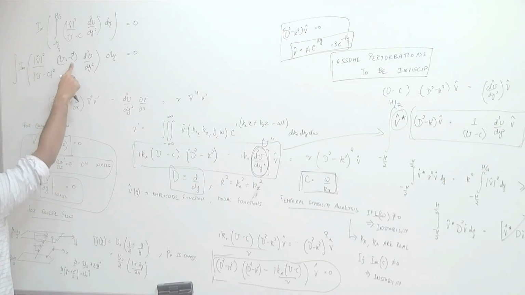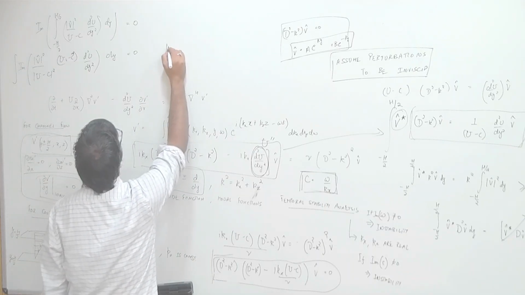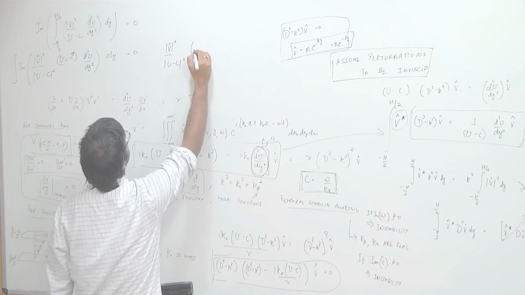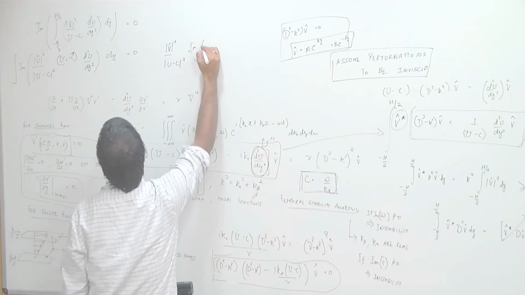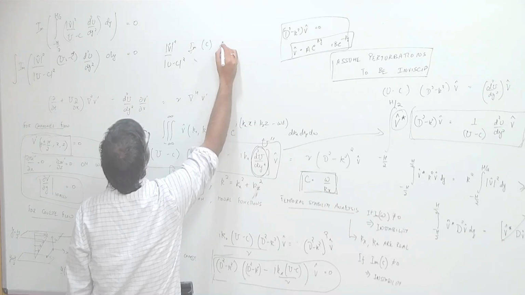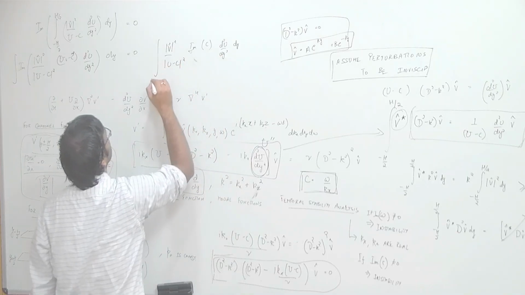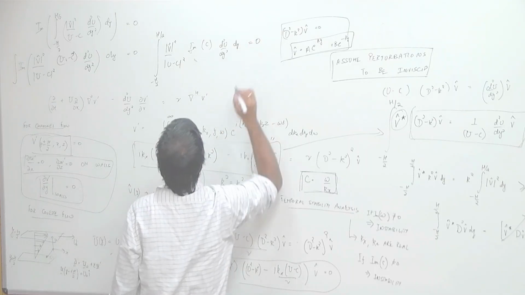So, imaginary of minus of C star is basically imaginary of C. So, mod v hat square by mod u minus C square times imaginary of C and then d2u over dy square equals 0.